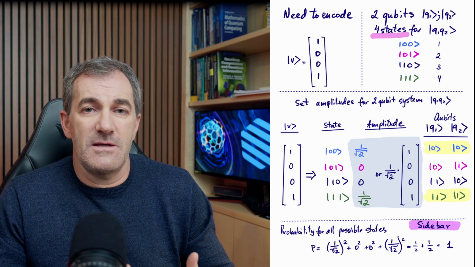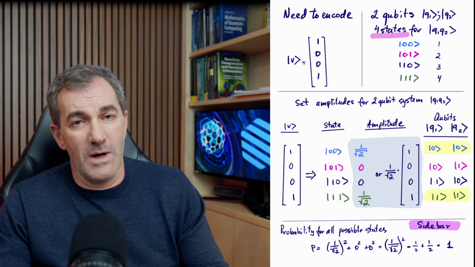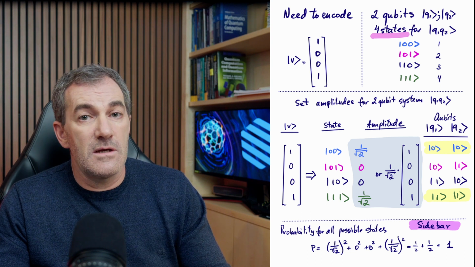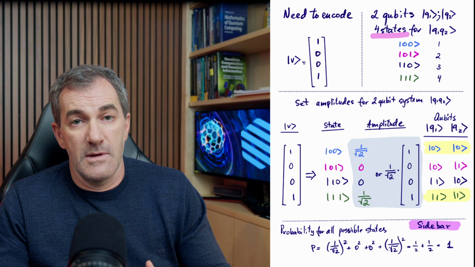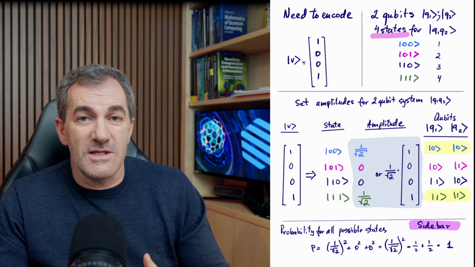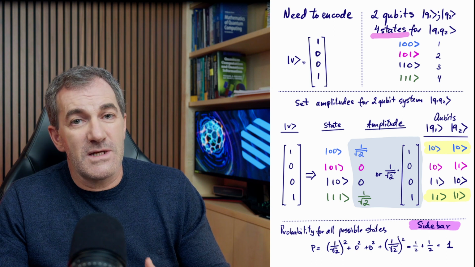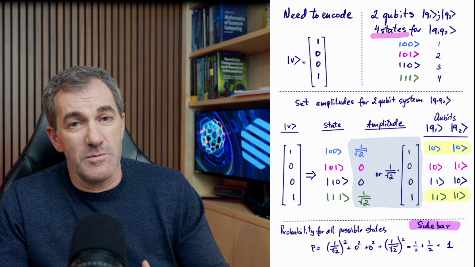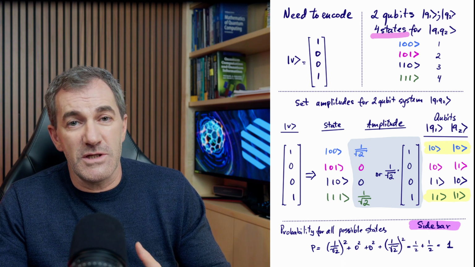The interesting thing about encoding that vector in a quantum computer is that either of these 2 qubits could be 1 or 0. But the second qubit is equal to 0 only when the first one is 0. And the second qubit is 1 only when the first qubit is 1. They are dependent on each other.